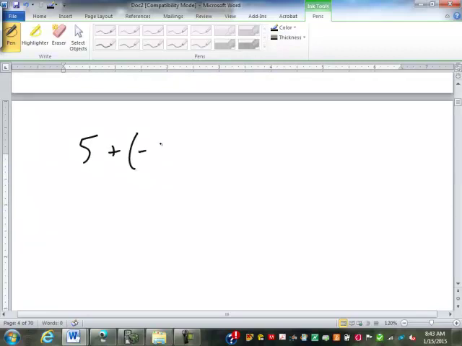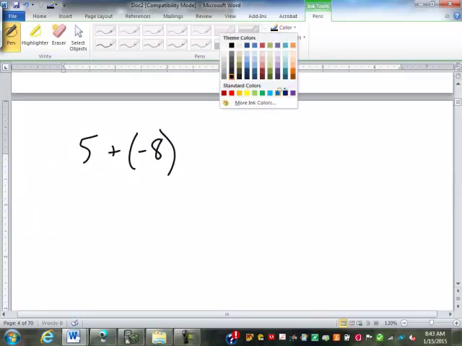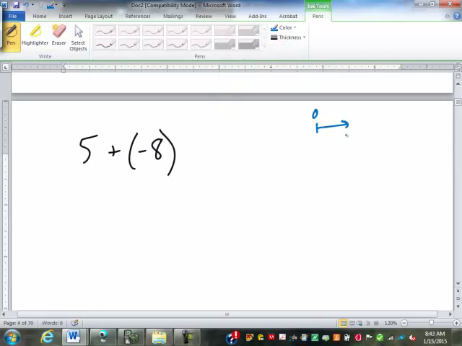5 plus negative 8. So here's 0. We got positive 5, negative 8, longer or shorter? Longer. So the answer is negative, because we're on the negative side of 0. The difference between 5 and 8 is 3. Make sense? Like I said, I don't expect you to draw the number line, but just having that little picture there helps.